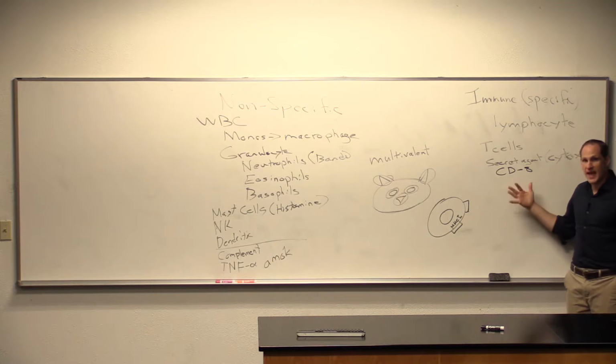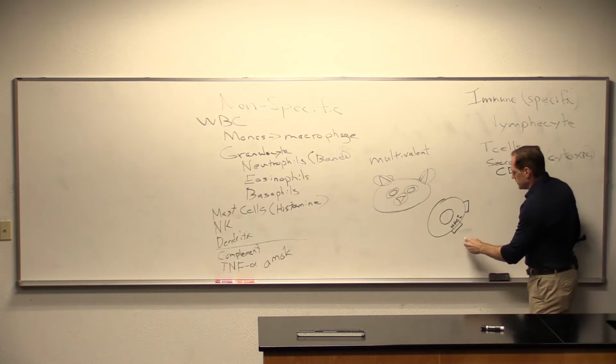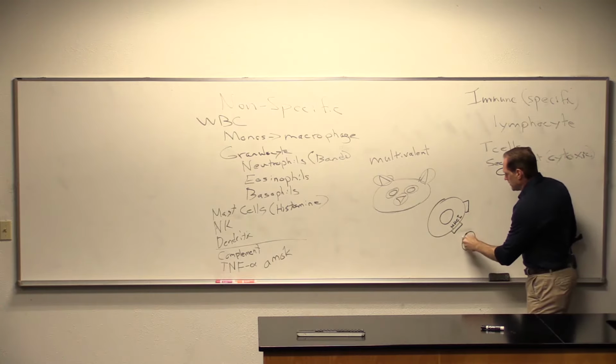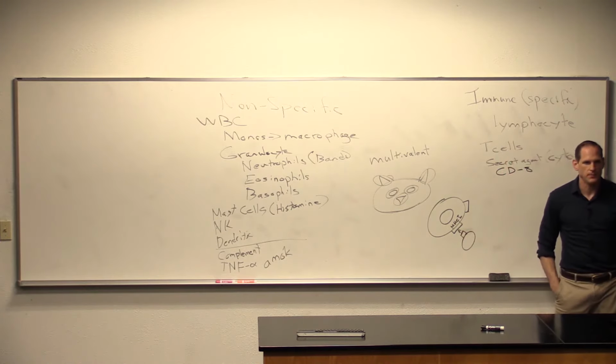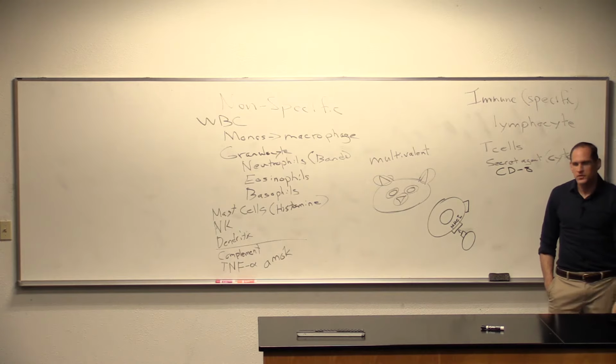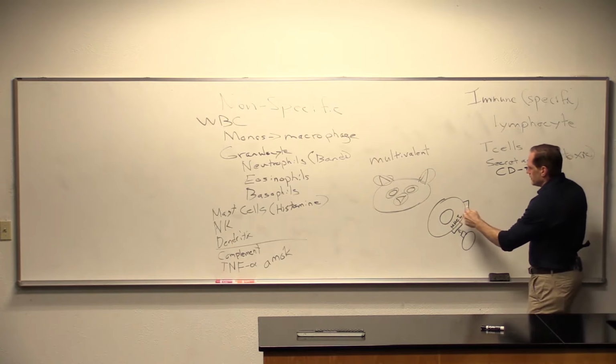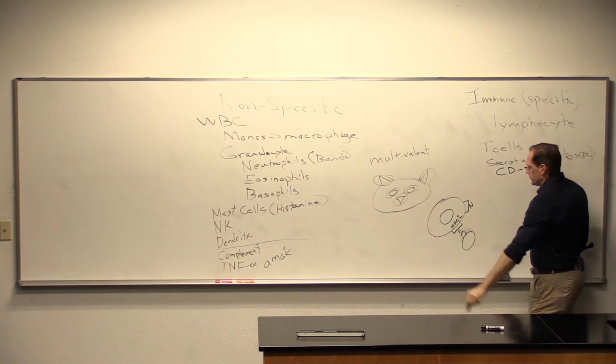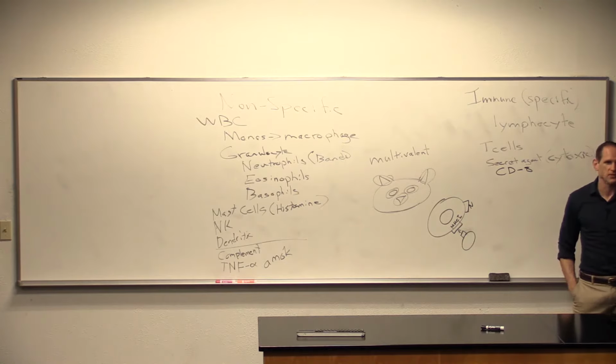And so our CD8 cell has the ability to bind to MHC1. And that's how the cell is able to look. So, let's say that N means normal proteins.